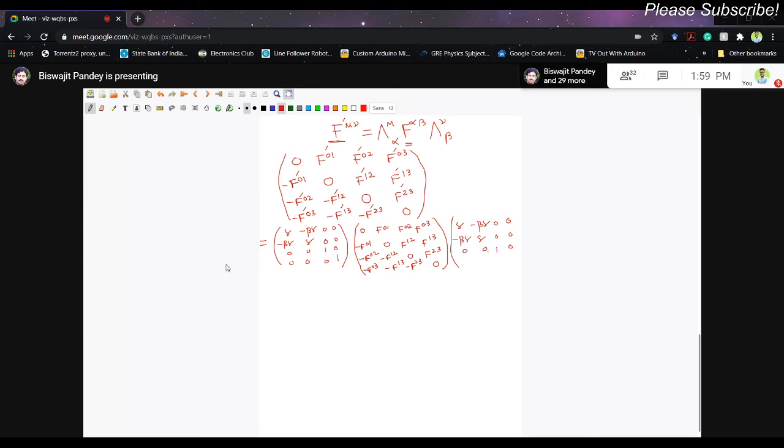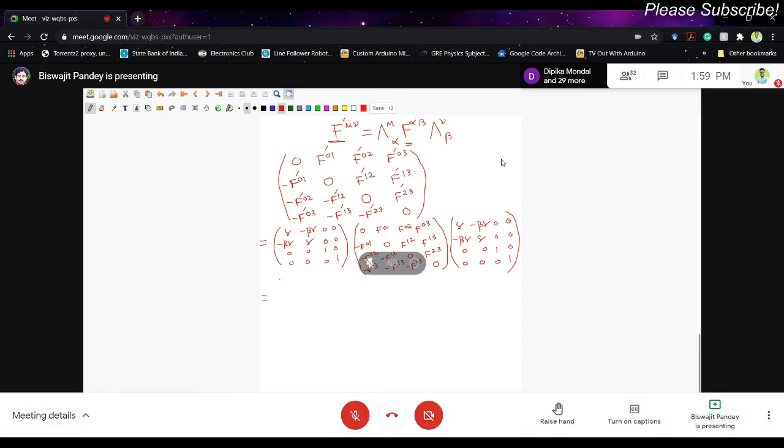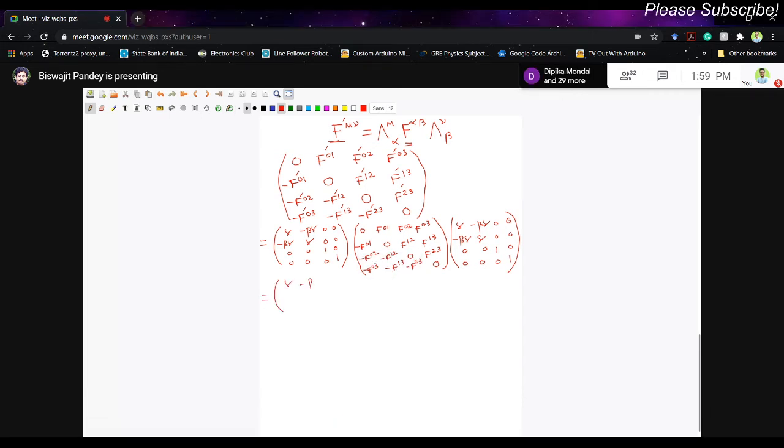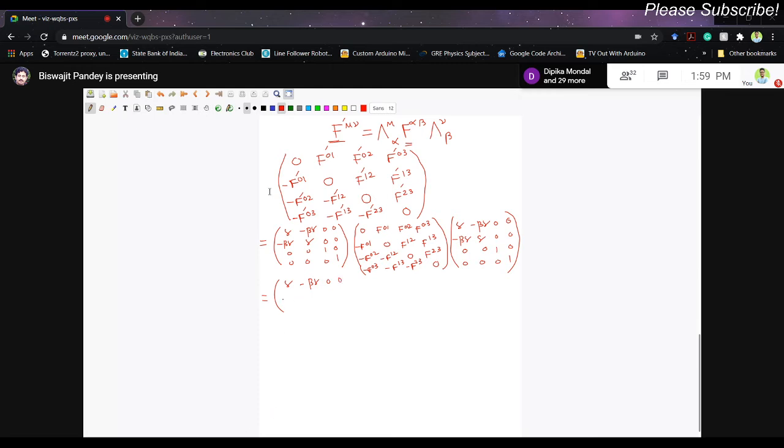So this is a straightforward matrix multiplication. You just have to do it carefully, nothing else. Let us keep this first one intact: gamma, minus beta gamma, 0, 0.